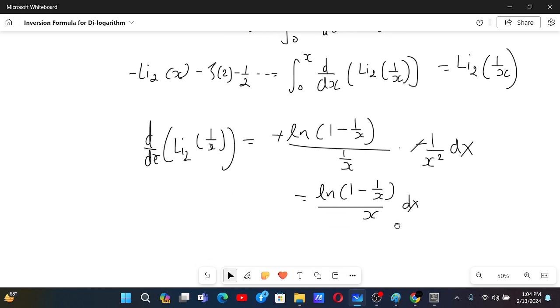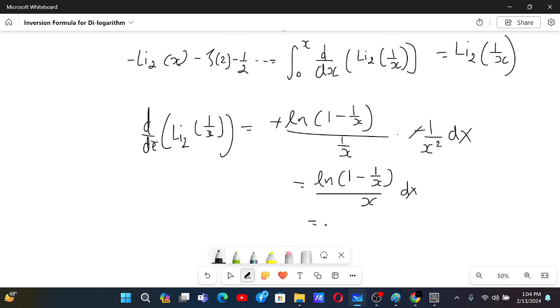Now we can write this as ln of x minus 1 minus ln x, over x dx.